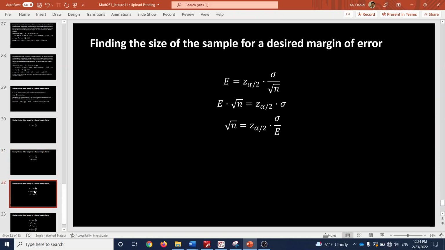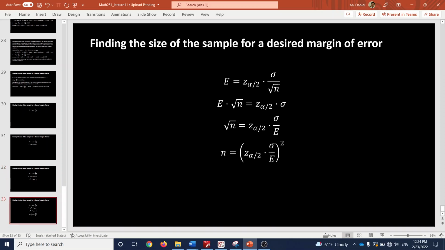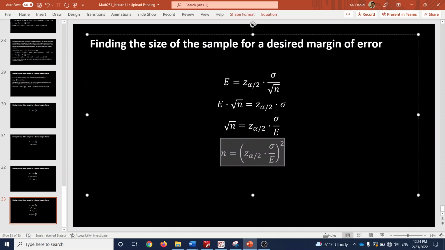Basically, the square root of n and e switch places. And now to isolate n, you just have to get rid of the square root. What gets rid of a square root? You square it. If you square it, that's the formula. That's easy, right? Everyone here should be able to do that. So that's how this formula appears.